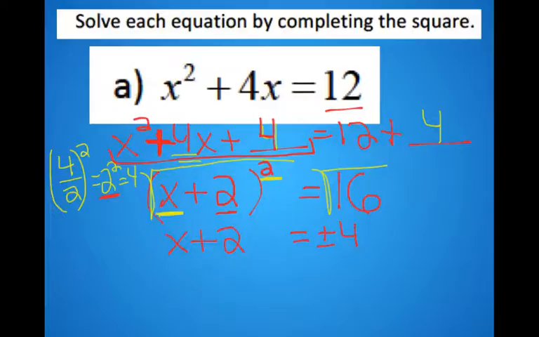And then we need to solve for x, so we're going to subtract 2, that cancels out. So we have x equals negative 2 plus and minus 4. Now negative 2 plus 4, that would be 2, and then negative 2 minus 4, that's going to be negative 6. So we get 2 answers out of this.